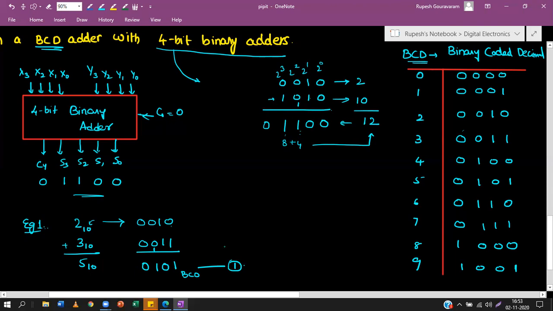Now, if you supply these two numbers to the 4-bit binary adder, what will be the result? Let us take the same binary adder which is shown here.